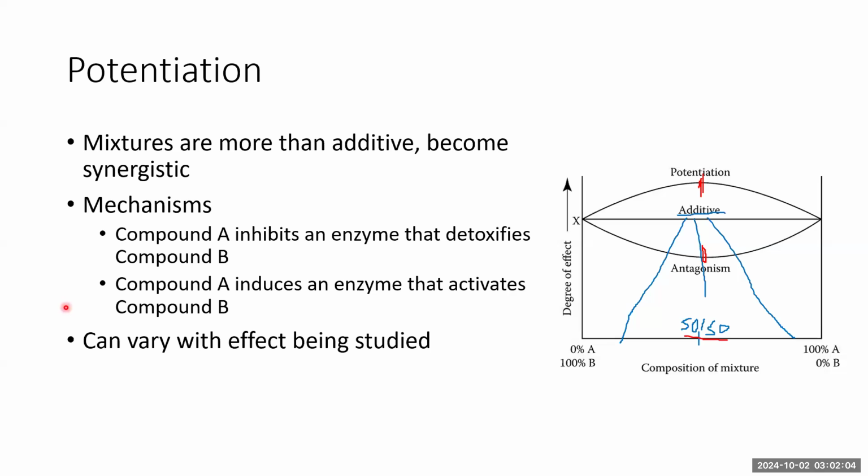If we're turning compound B from something non-toxic into something toxic, that is an example of potentiation, especially if compound A is the one doing it.